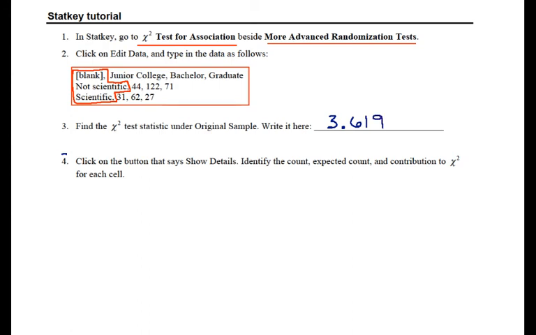And so we looked at show details. Let's now also go to a chi-square distribution with 2 DF and see what the p-value is that we get out of StatKey.